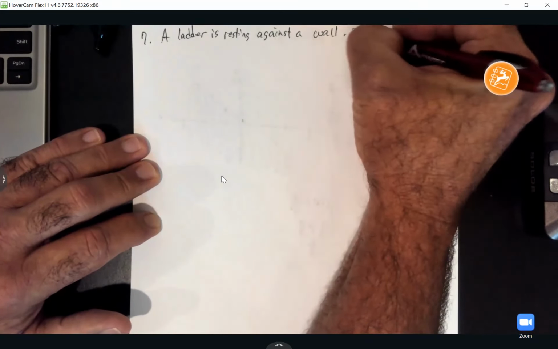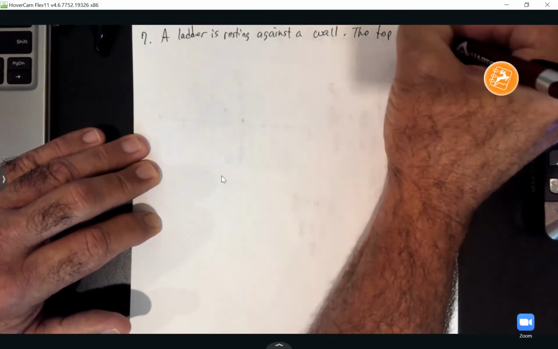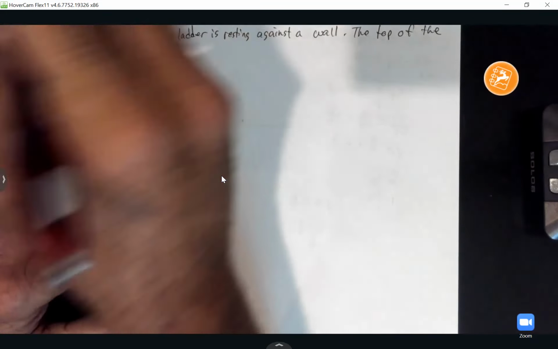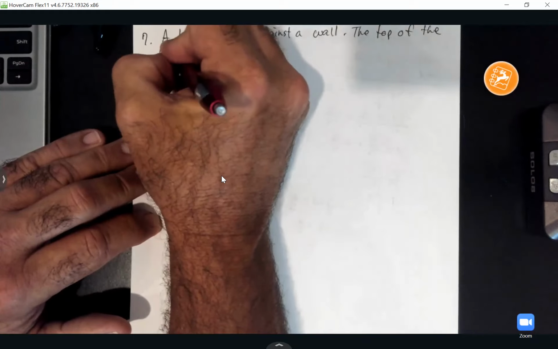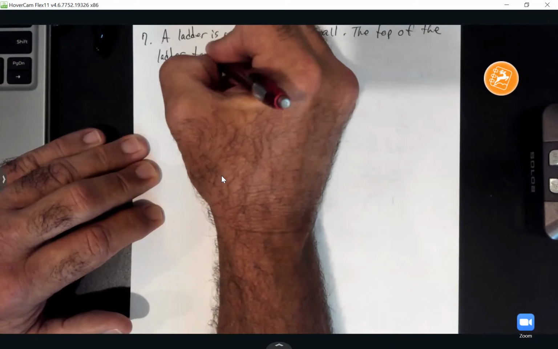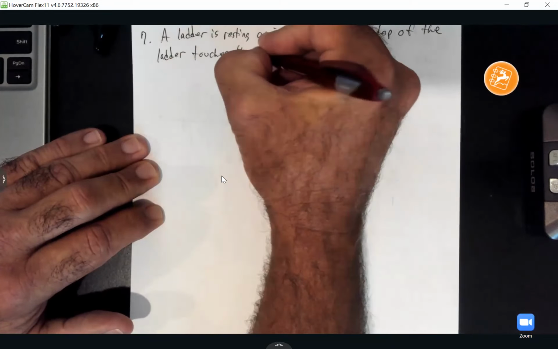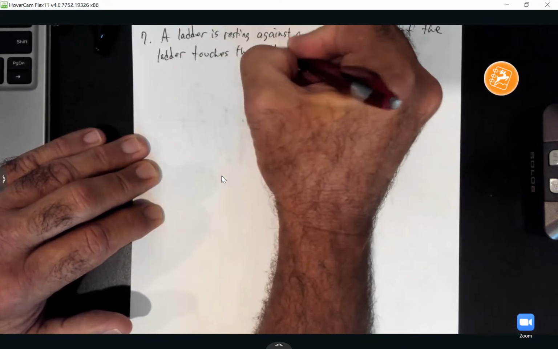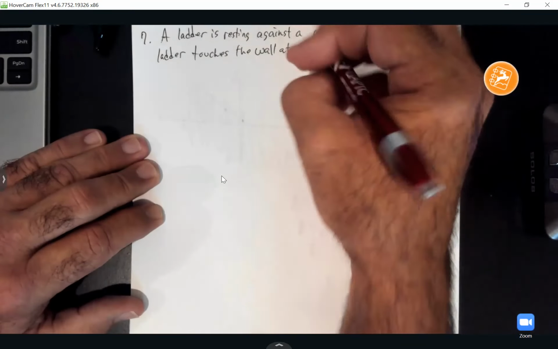The top of the ladder touches the wall at a height of 18 feet.